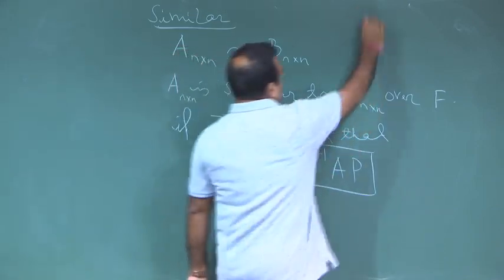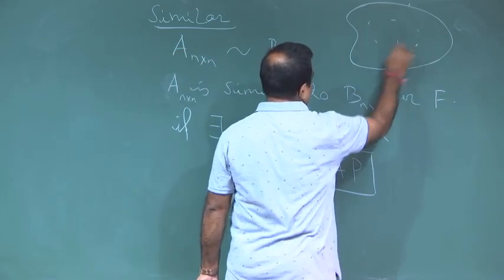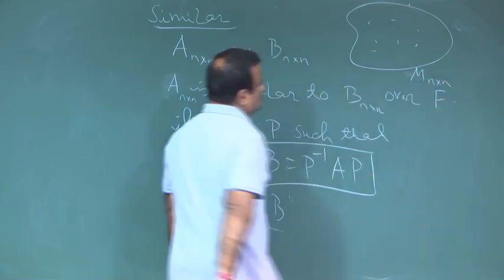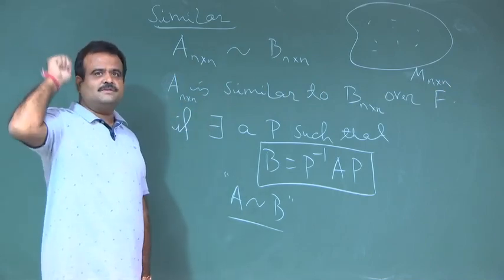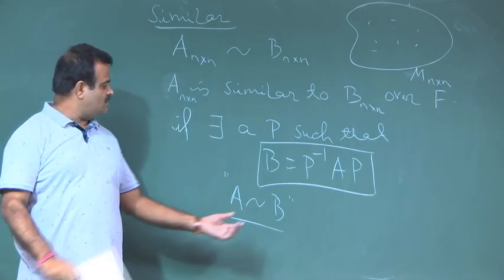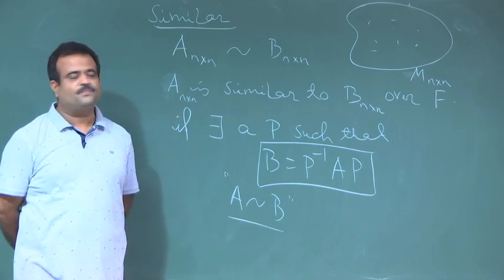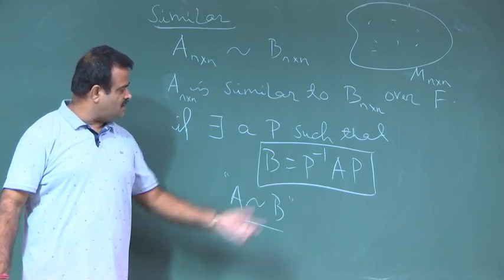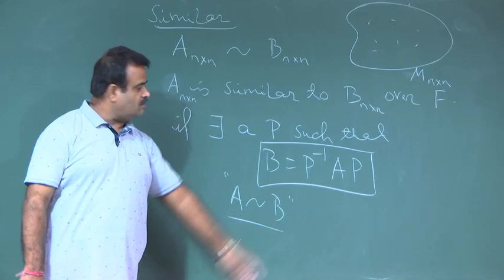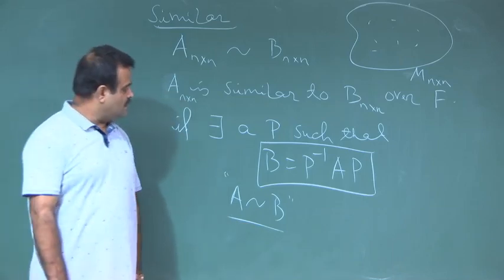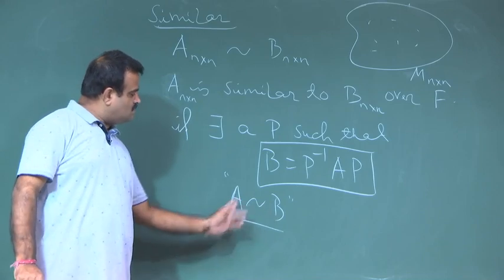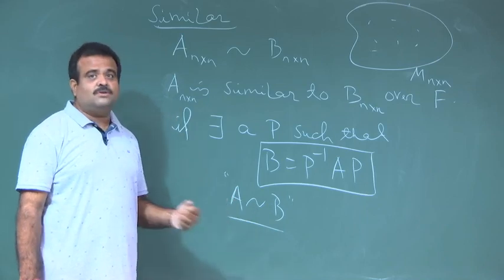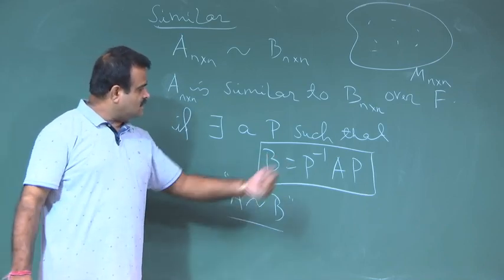If we consider the set of all possible square matrices of the same size, say n cross n, and take any two matrices from this set, we say they are related by similarity if and only if one can be obtained from the other by just doing the operation P inverse A P. Now, A is similar to A, because in that case P is the identity matrix.